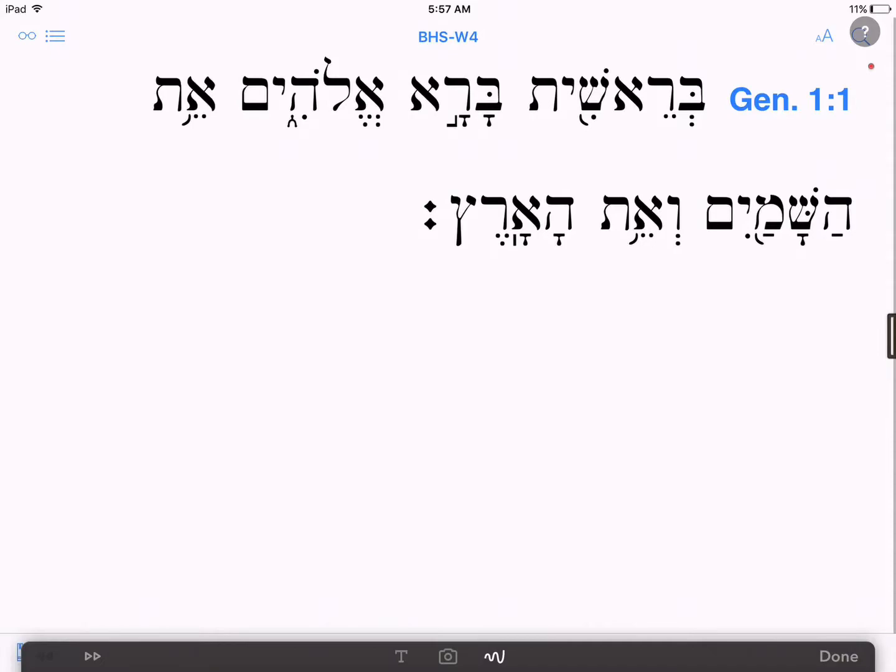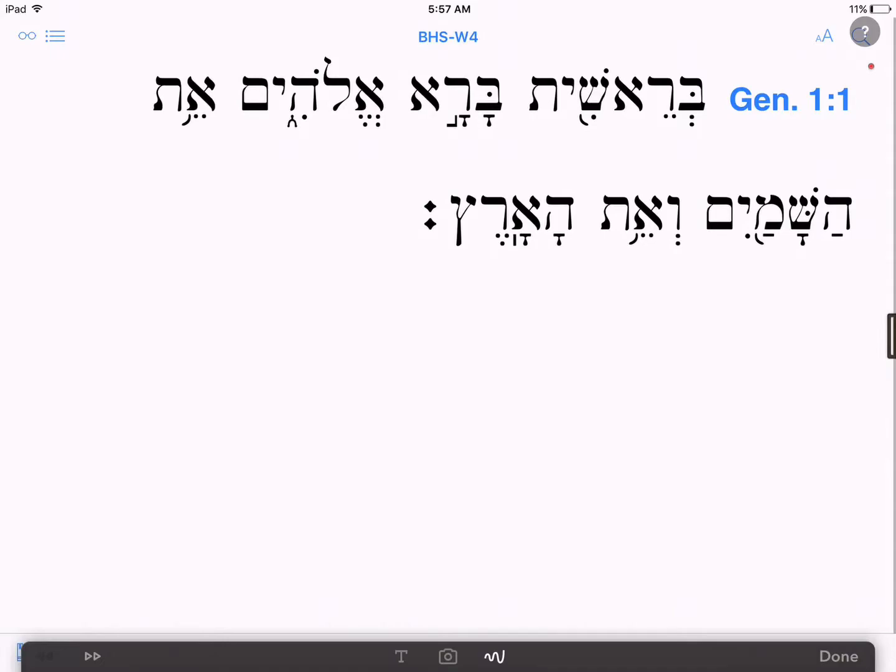And you've got here a begadkefat letter preceded by the absence of sound. There's nothing in front of it except for the word Genesis, which isn't Hebrew. And so we have there a dagesh lene, begadkefat letter preceded by the absence of sound. So there's the first word, in the beginning.